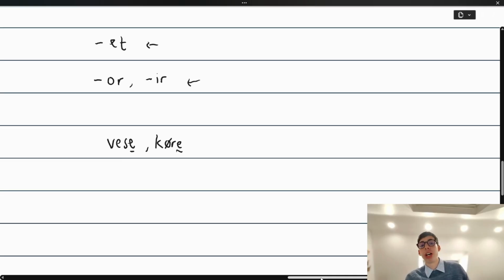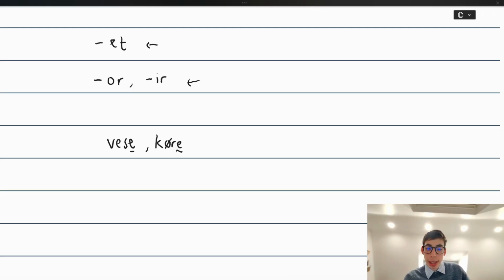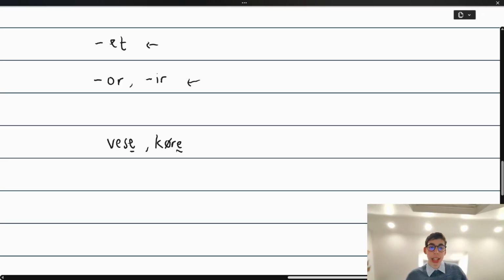And these two verbs have stayed ending in a vowel. I promise, I'm not simplifying this or making it up. These are the only two that don't end in et, or, or ir. That's not a vocab thing.